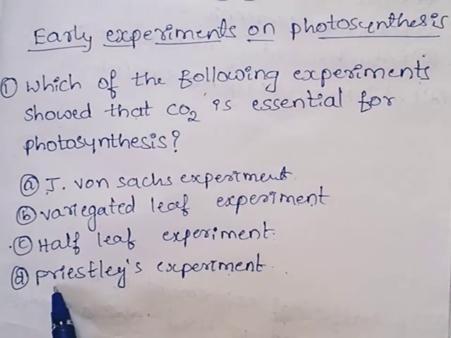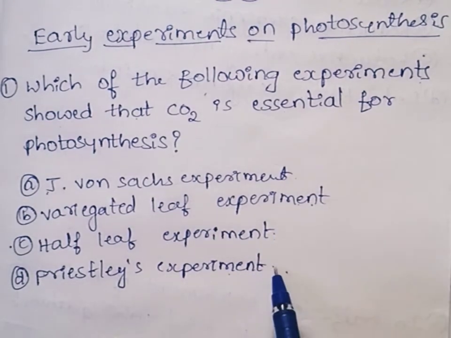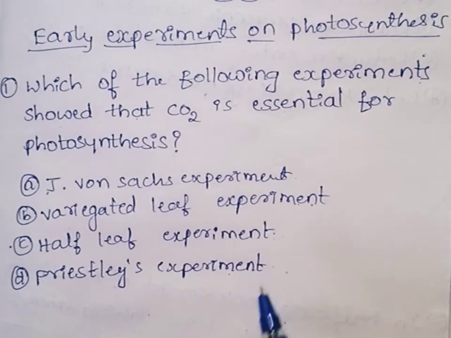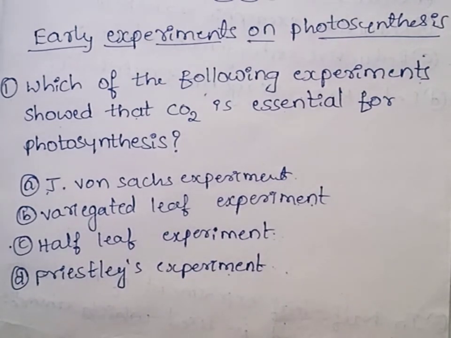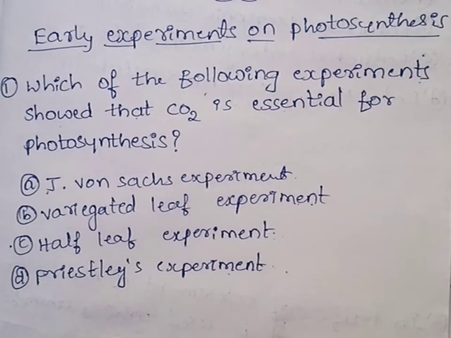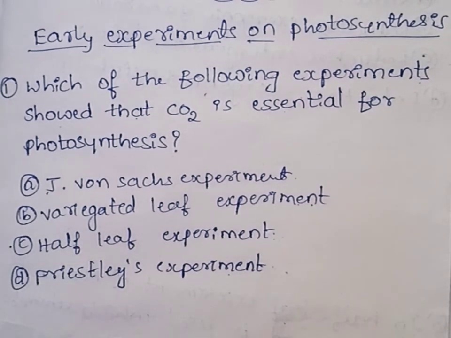The next is Priestley's experiment. Joseph Priestley conducted the bell jar experiment using a mint plant. He concluded that plants restore to the air whatever breathing animals and burning candles remove. So this is the summary given by Joseph Priestley.